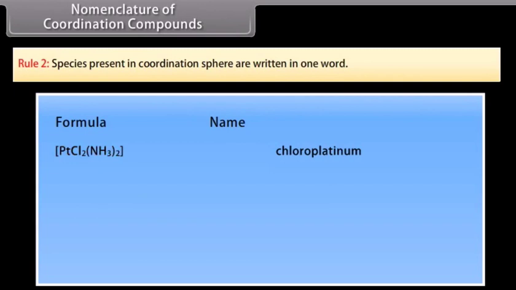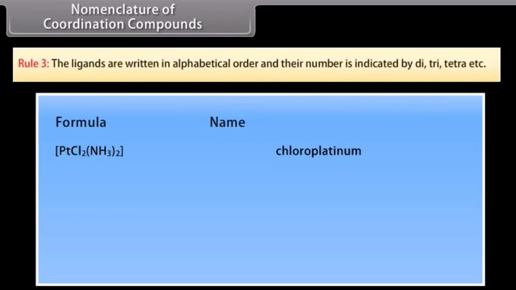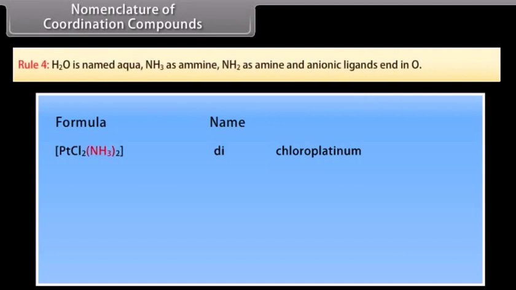Species present in coordination sphere are written in one word. Rule 3. The ligands are written in alphabetical order and their number is indicated by di, tri, tetra, etc. Rule 4. H2O is named aqua, NH3 as ammine, NH2 as amido, and anionic ligands end in o.